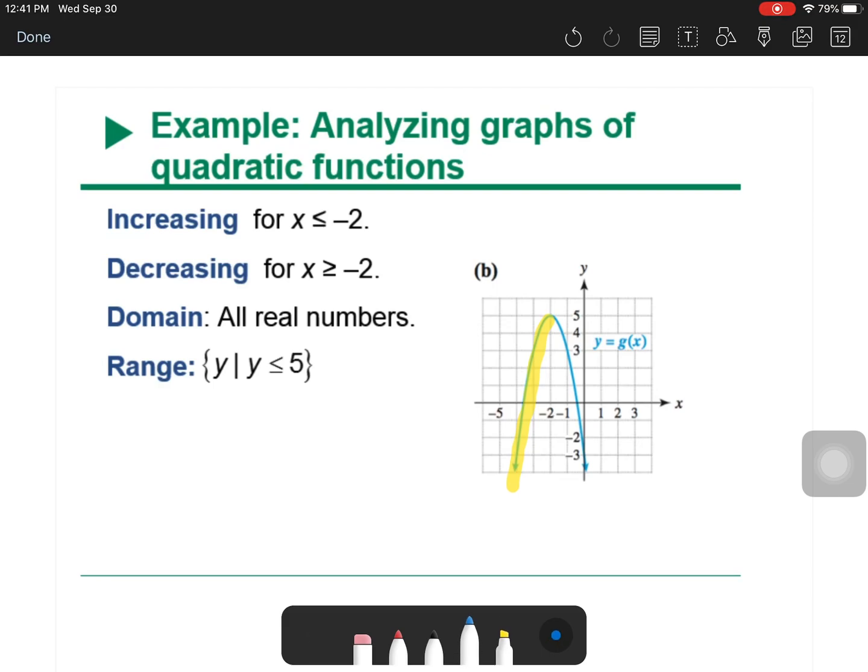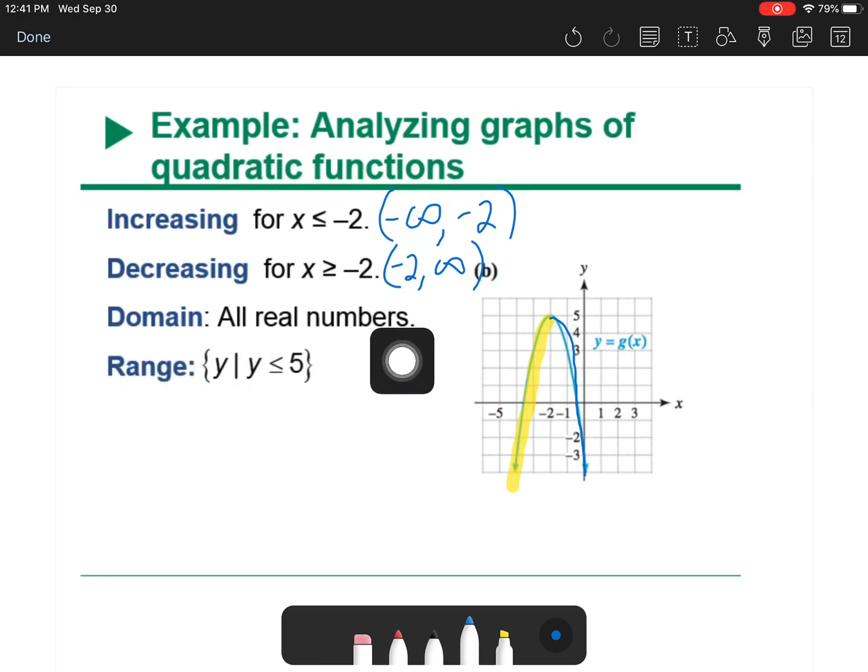Thinking of those x coordinates as we move from left to right, it's increasing from negative infinity until I get to this x coordinate of negative 2. So I'm going to write negative infinity to negative 2. And then we're decreasing when we hit this x coordinate of negative 2 until we continue to move to positive infinity. So negative 2 to positive infinity is where it is decreasing.